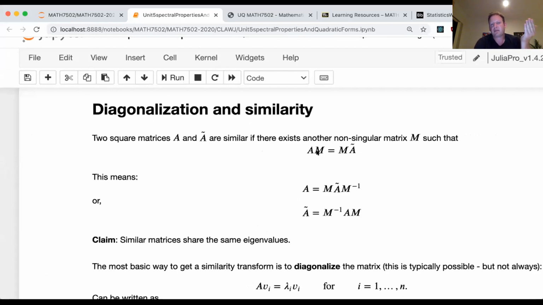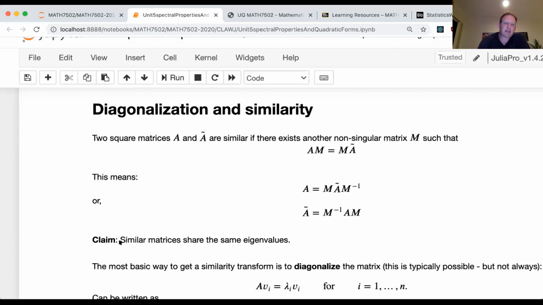This is equivalent to writing something slightly more appealing: A equals M A tilde M inverse. I've just multiplied by M inverse on the right-hand side. Alternatively, multiplying by M inverse from the left gives A tilde equals M inverse A M. That's what you call similarity between matrices.